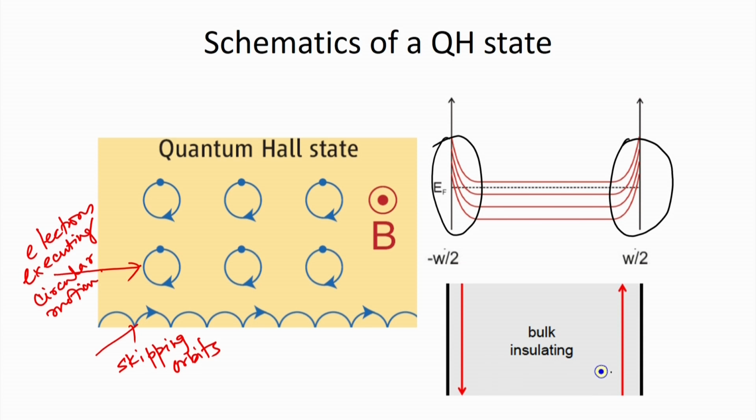So, another schematic is that the bulk remains insulating, and there are chiral edges where the charges propagate in two different directions, and this gives rise to the conductance that we have seen in the quantum Hall systems, which are two dimensional electron gas with disorder.